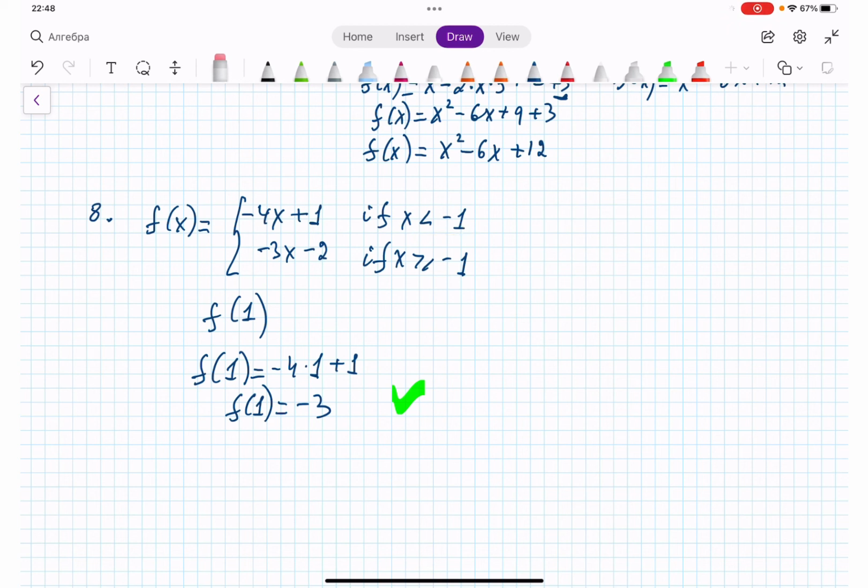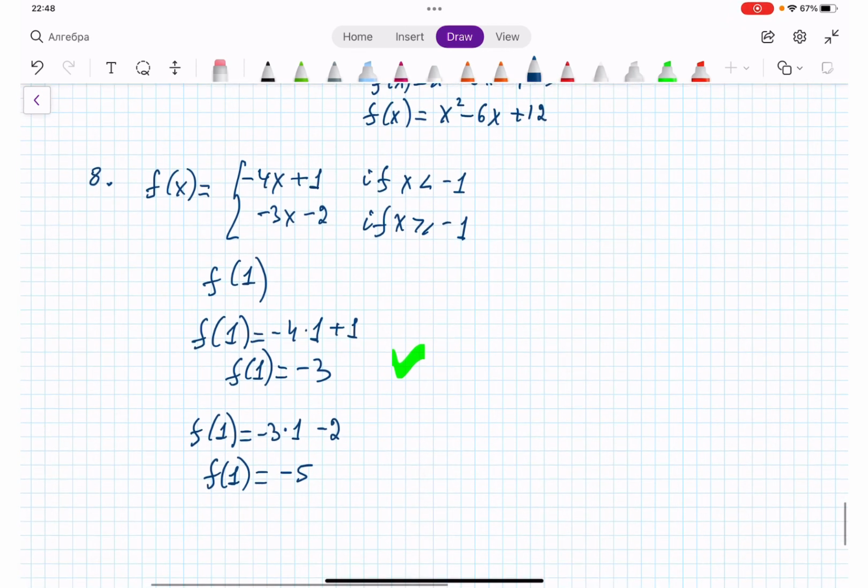Now let's do the second one. f of 1 is equal to negative 3 times 1 minus 2. And we are getting f of 1 is equal to negative 3 minus 2, which is negative 5. This would be considered a solution if it satisfies the condition x greater than or equal to negative 1.